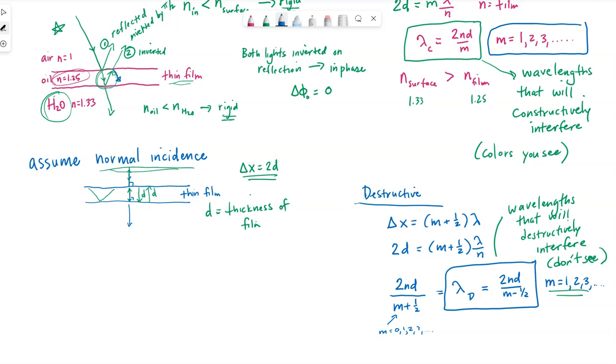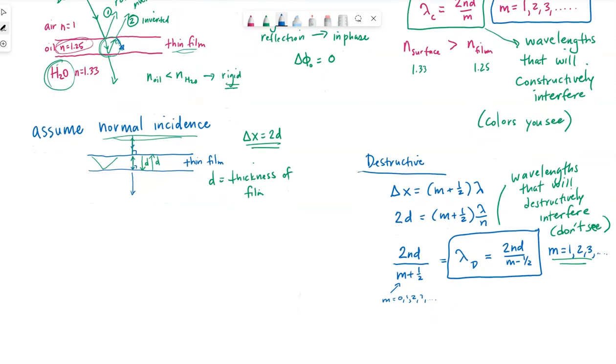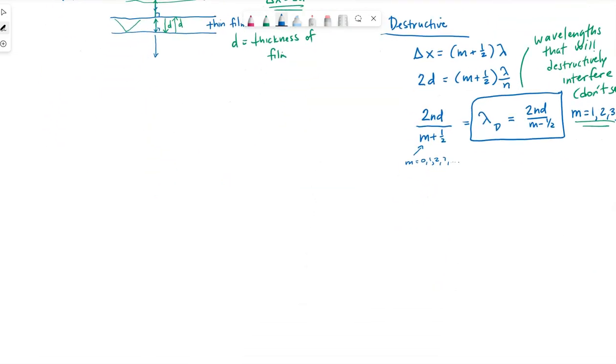Now, when you look at the table in the test notes, you'll see that there is another column that says n of the surface is less than n of the film.